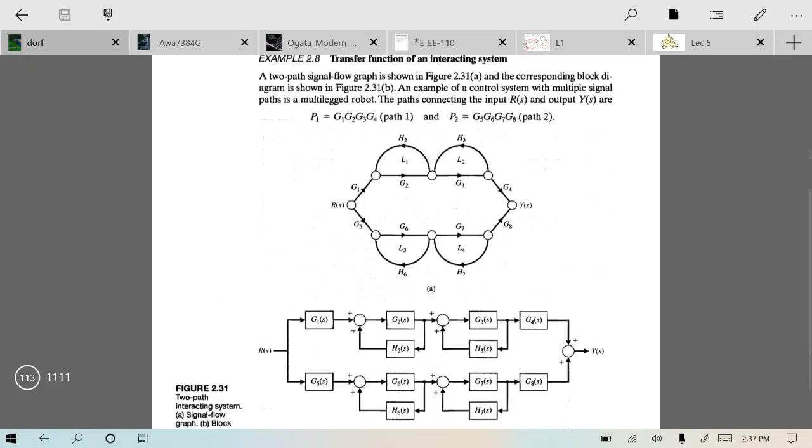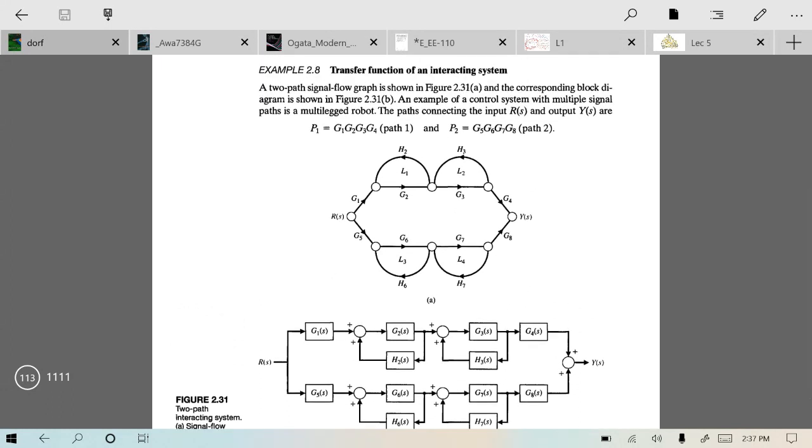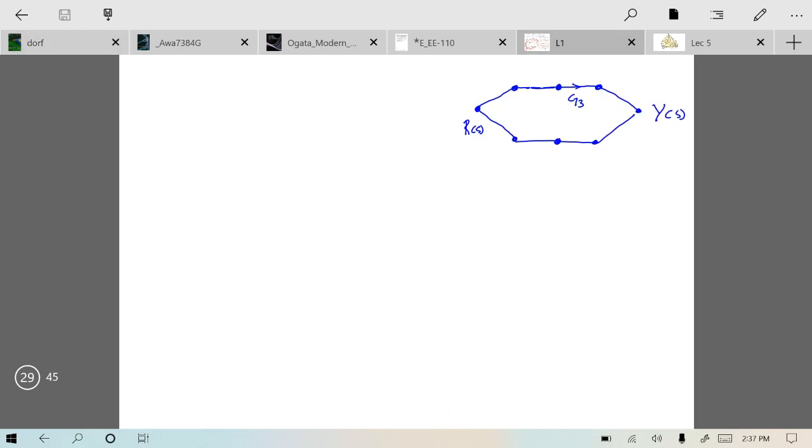He has not written the names of the node variables in this figure, so you can obviously write any name that you like, because Mason's rule has nothing to do with defining the names of your node variables.